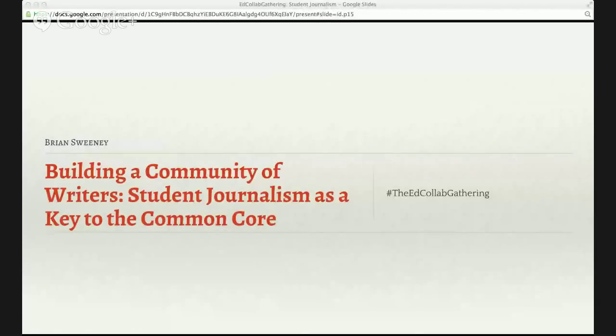You just work them down the ladder and adjust as you see fit. But the idea is, I'm going to move to my presentation here. I think that with journalism, you can do something with writing that we maybe aren't used to doing as things are currently set up. So we're going to talk about this topic.